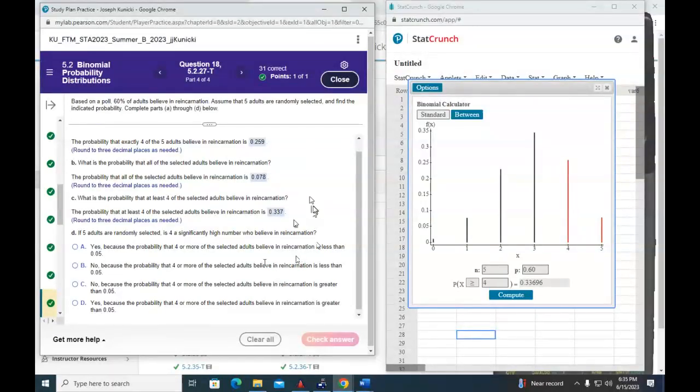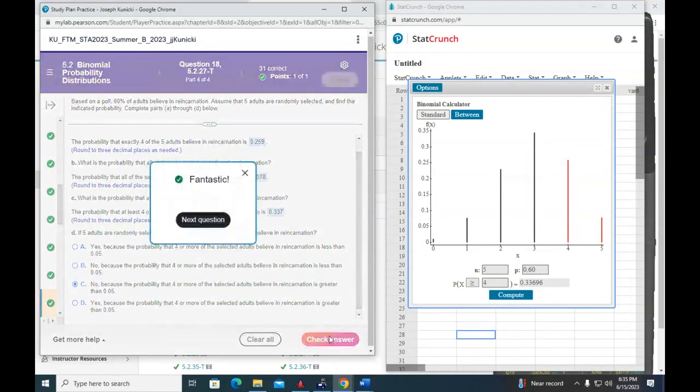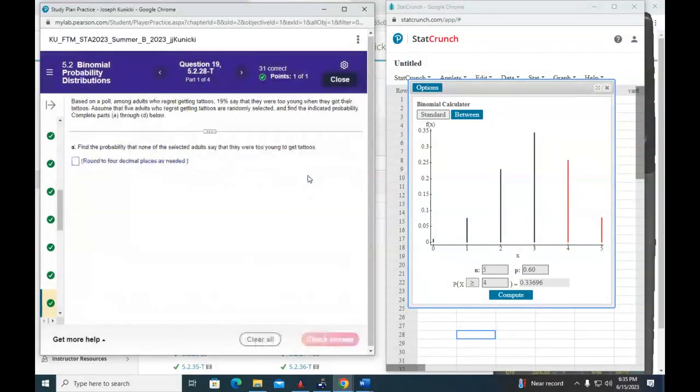It's usual. See, the lower probabilities are down here. The big probabilities are pretty high. So no, because the probability is greater than 5%. Remember, it's the low probabilities that are significant. The high probabilities are what's normal, what's usual. I know it's backwards thinking maybe, but that's just how we do it.